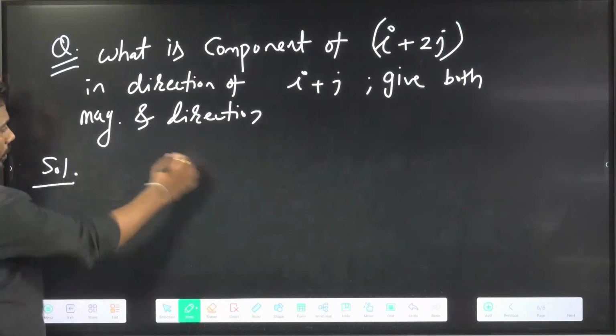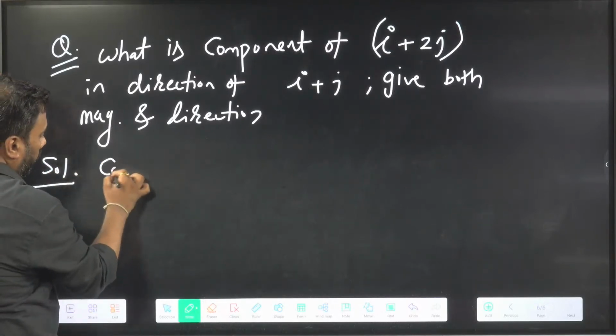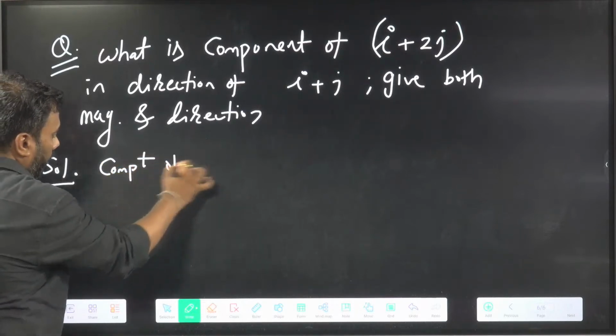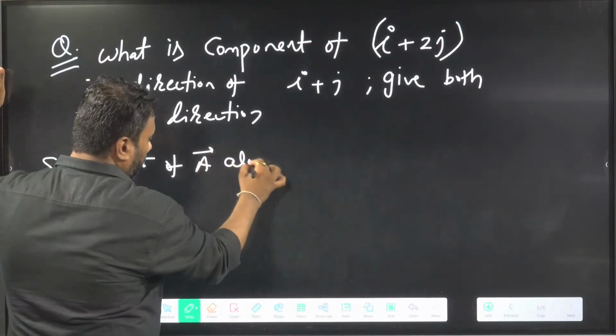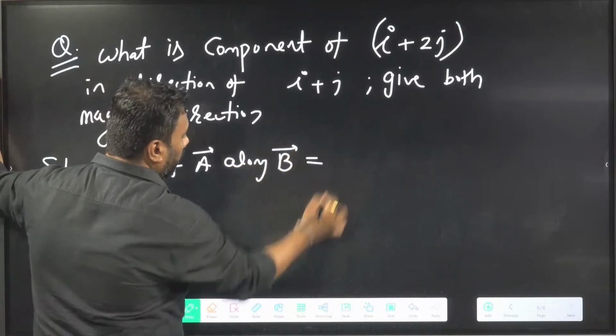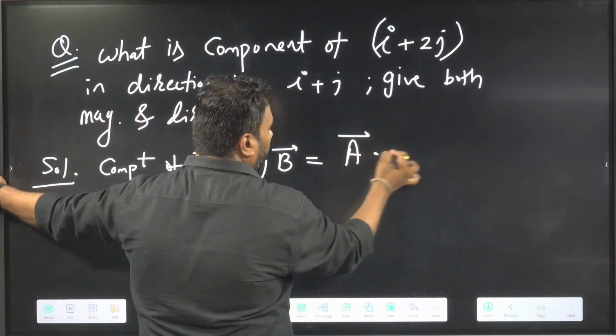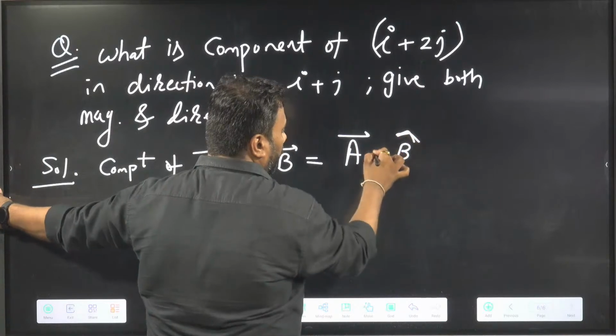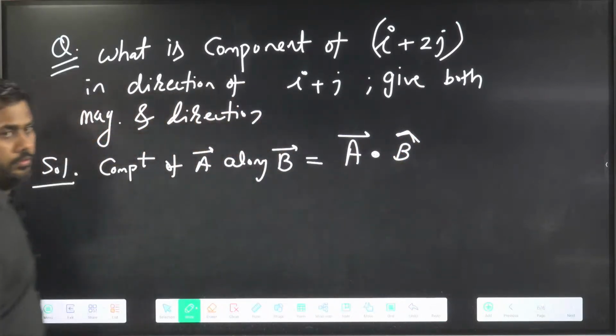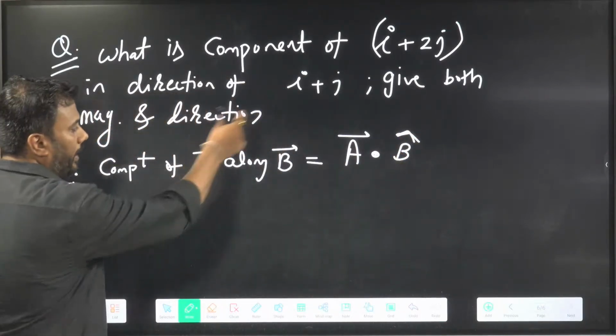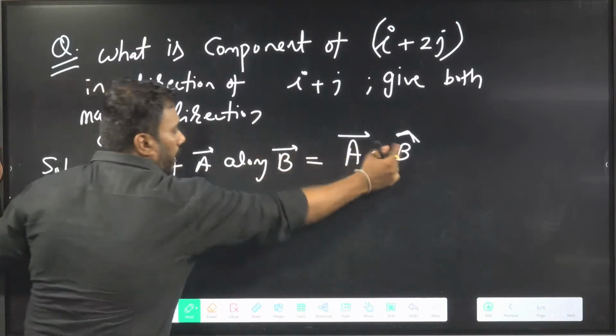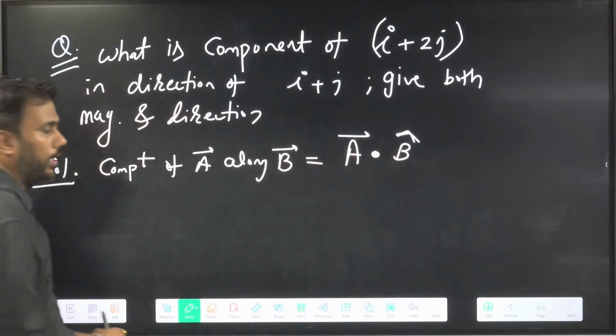The formula for taking the component of A vector along B vector is: take the first vector, take the direction of the second, which is B cap, and take the dot product. If you want the component of A along B, take the unit vector of B, take the dot product. This is the formula.